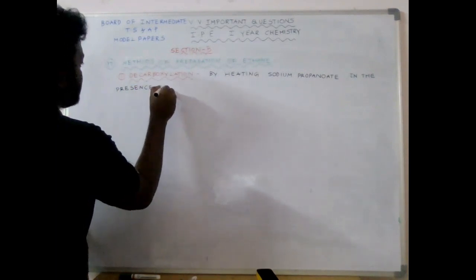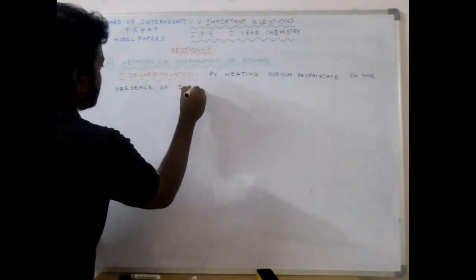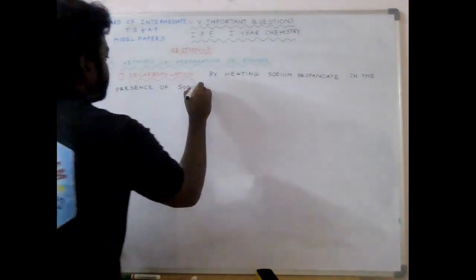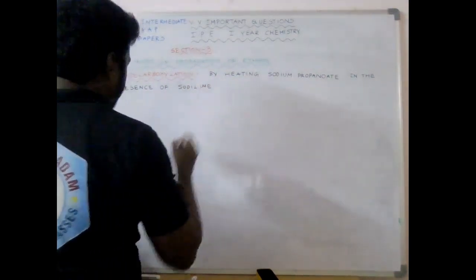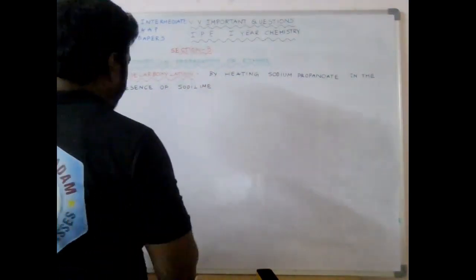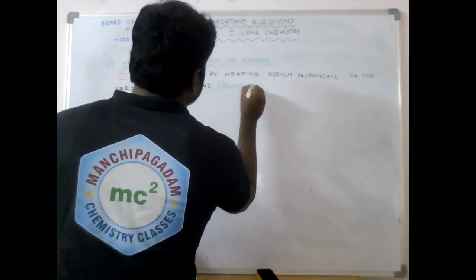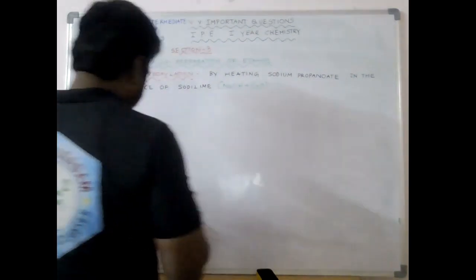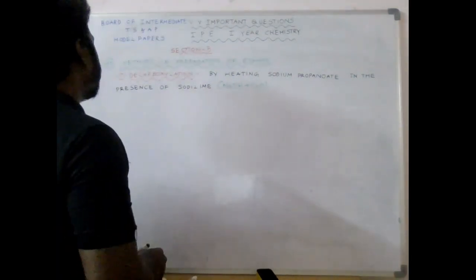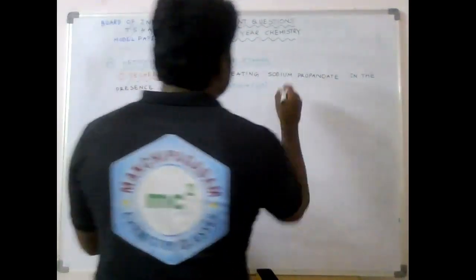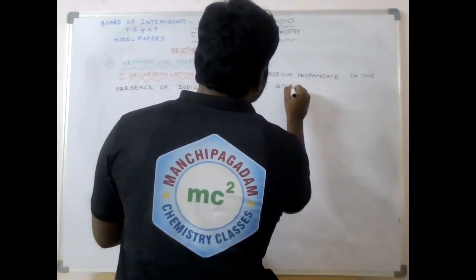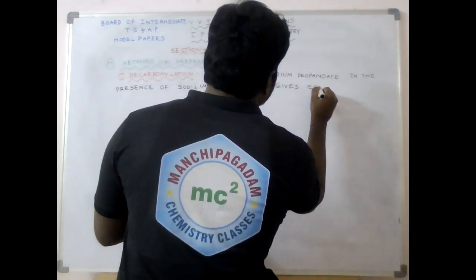Soda lime is a mixture of NaOH and CaO. By heating sodium propanoate in the presence of soda lime gives ethane.